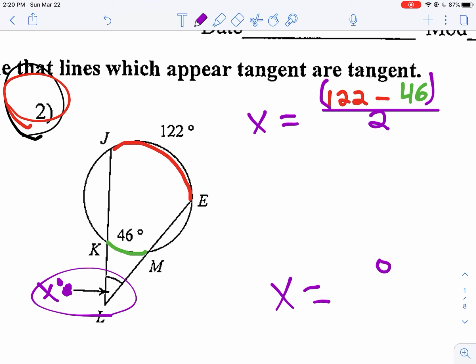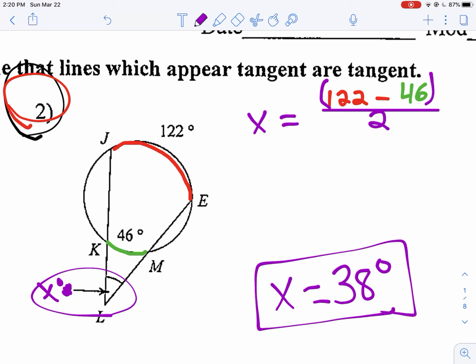So now it's really just calculator work. You go 122 minus 46, enter, that's 76, and I divide that 76 by 2. That is 38 degrees, and we are done. That's it. Okay, it's just a simple little math equation. Put it together, and you're finished.